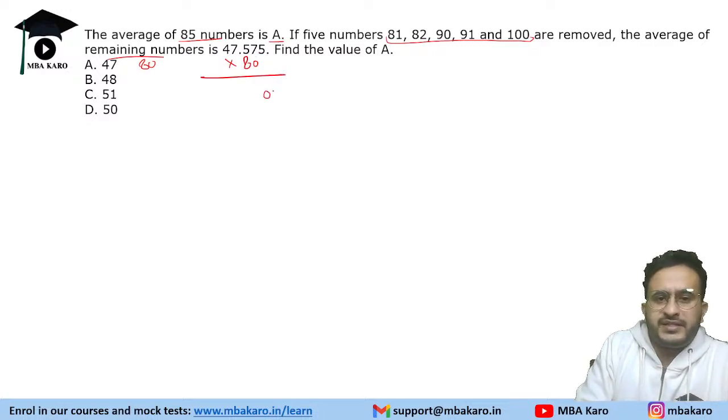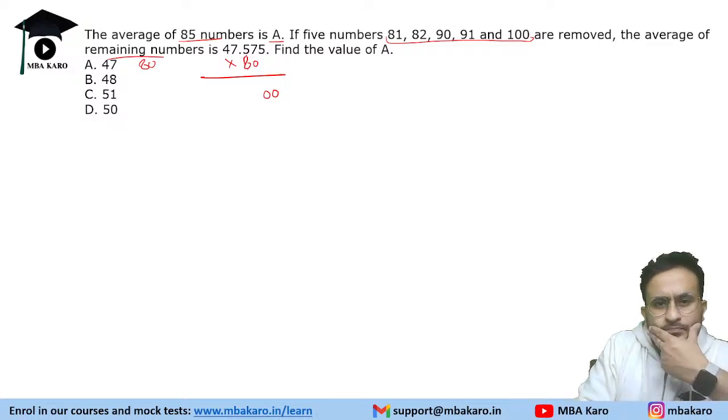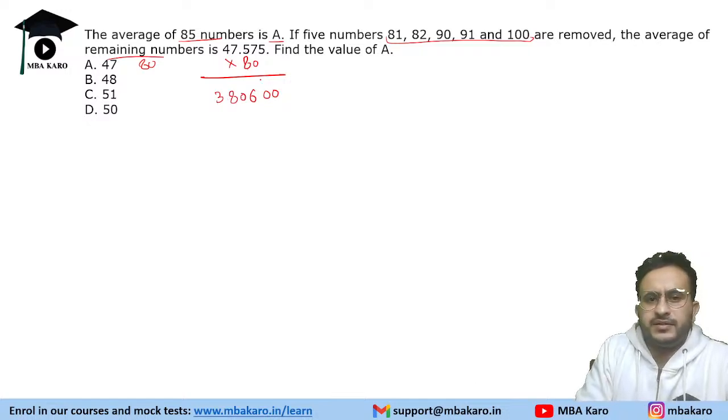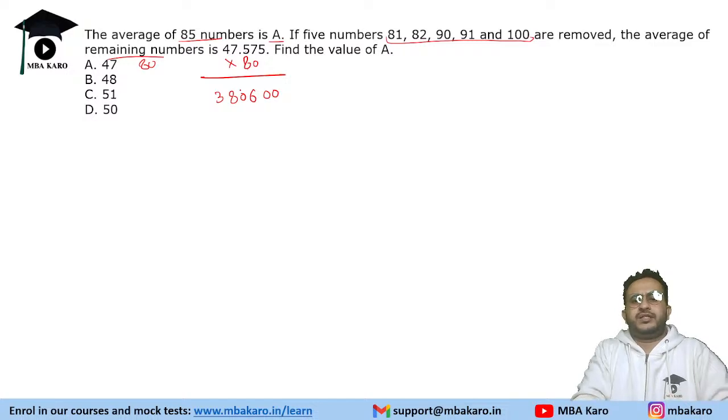75 into 8 is 600. So 6 carries. Then it is 40, 46, 4 carries. 47 into 4 is 94, 188, 376, 380. Right, so you will get 3806.